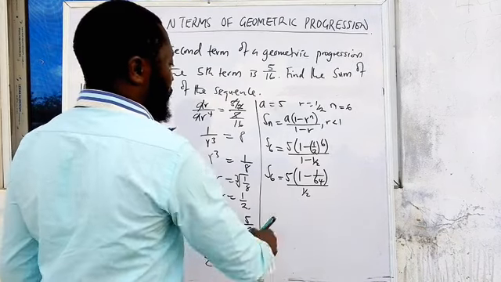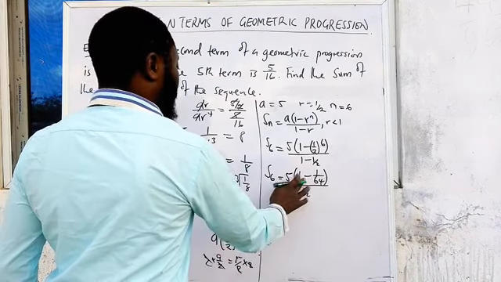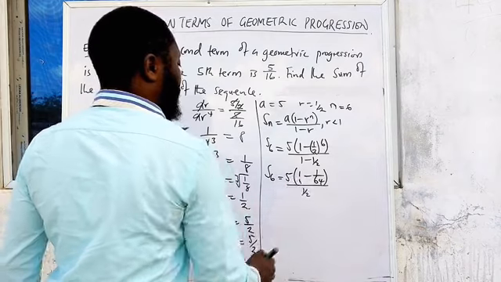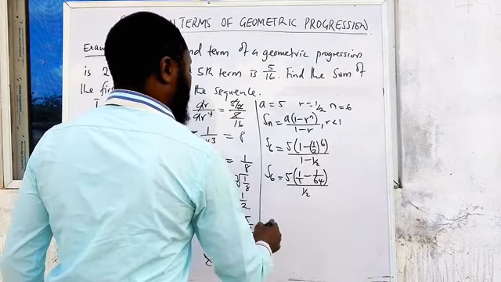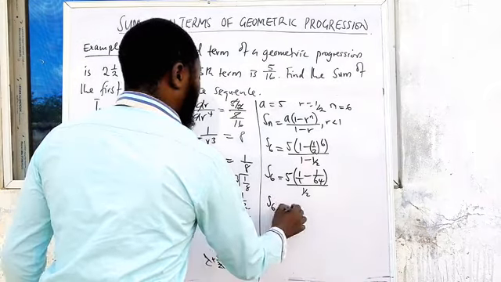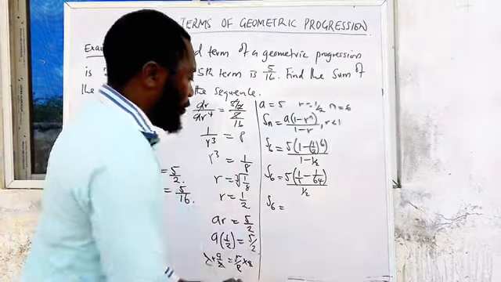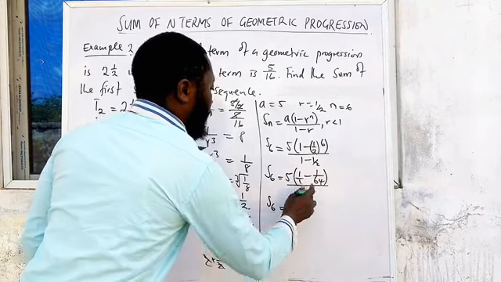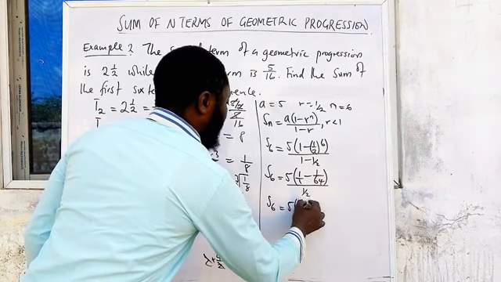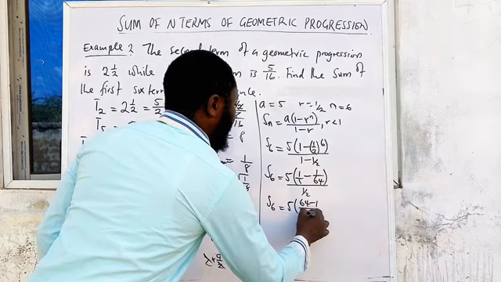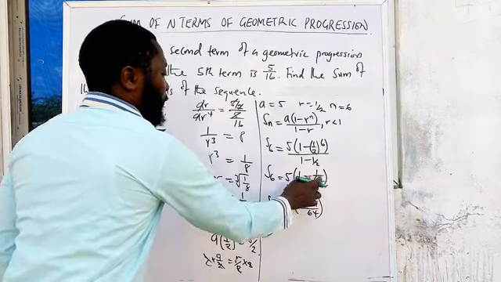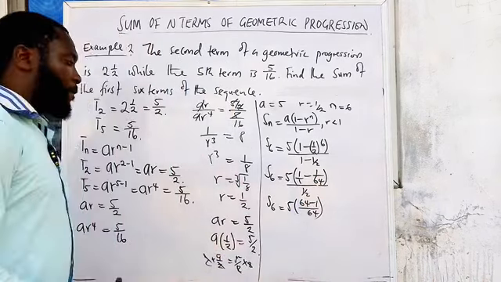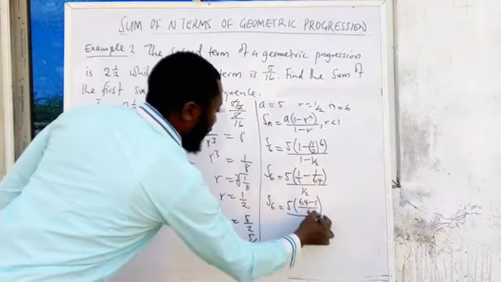Again, let's take the LCM here. So you have S6 equals 5 outside, and this is the same thing as 64 minus 1 divided by 64, everything over half.